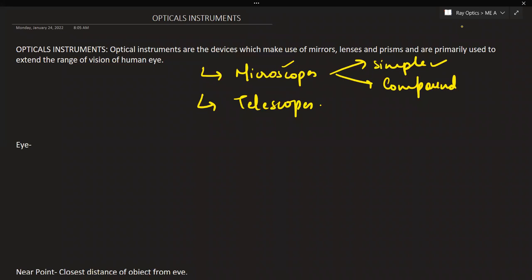Fine. The human eye has a basic structure, which all of you know. A convex lens is present. Then an outer layer is present that is known as the cornea. The sclera layer is there. The choroid membrane is there. All the three layers are the outermost protective coverings of the eye. The lens is held with the help of ciliary muscles.